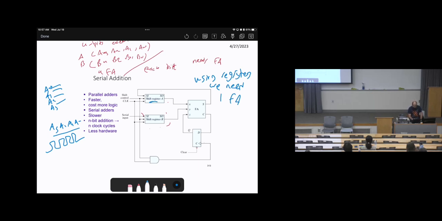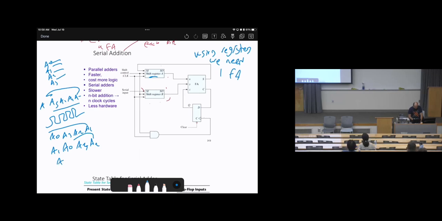So A0 is added, shift it here to be A0, A3, A2, A1. Now I can add A1, then shift it. It will be A1, A0, A3, A2, then shift it, make the addition A2, A1, A0, A3, then make the addition A3, A2, A1, A0, then you have the control to stop it when it reaches back to A0. That's how we make the addition.